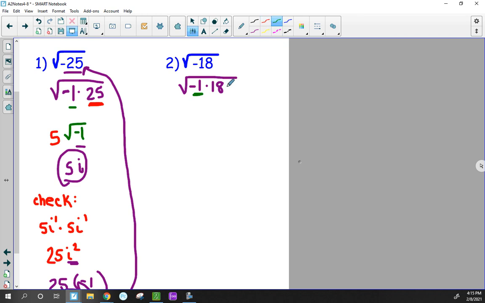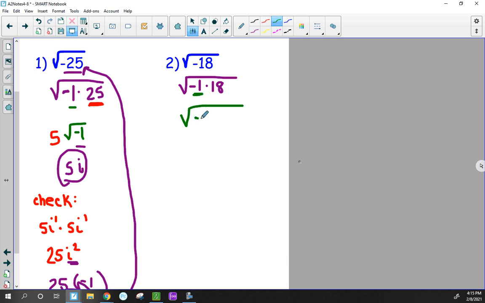Next, I'm focused on the 18. Is 18 a perfect square? So we're back to what we did in the last unit. Looking at those perfect squares, will 4 divide into 18? First of all, is 18 a perfect square? It's not in that list. So then you find the biggest perfect square that divides into 18 nicely. So let's break this down further.